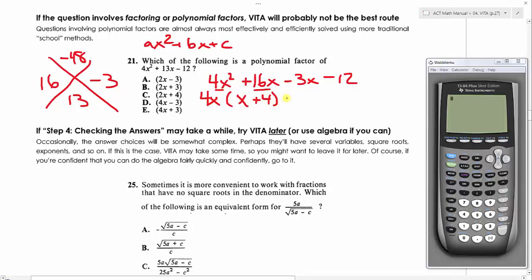Then I'm going to factor out a negative 3 from the other two, and I get x plus 4. I can see I have an x plus 4 common to both terms, so I can factor that out. I get 4x minus 3 times x plus 4. So my answer is 4x minus 3, because that's one of the factors.